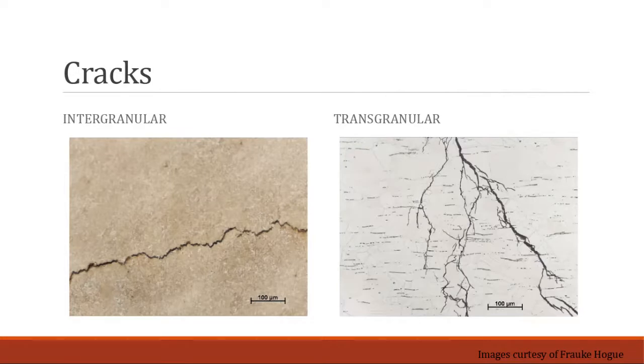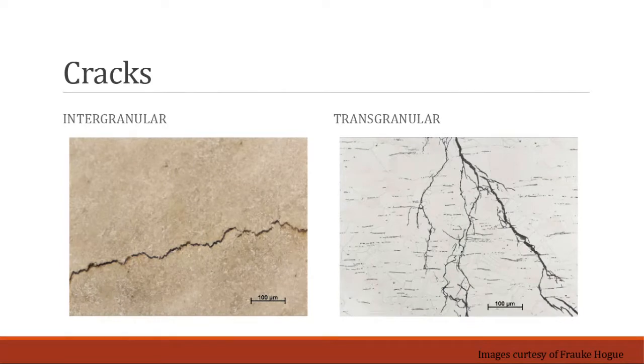Looking at cracks, the one on the left is an intergranular crack that was formed in high-strength low-alloy steel. You're saying, well, how is it intergranular? This would have followed prior austenitic grain boundaries. A special etchant is used to reveal those grain boundaries in heat-treated steels, such as this one here, which has been quench and tempered.